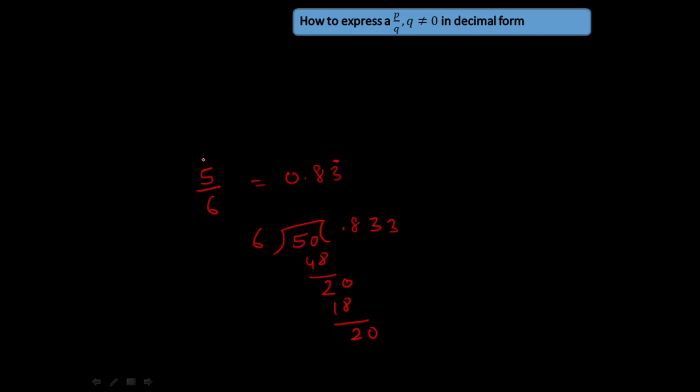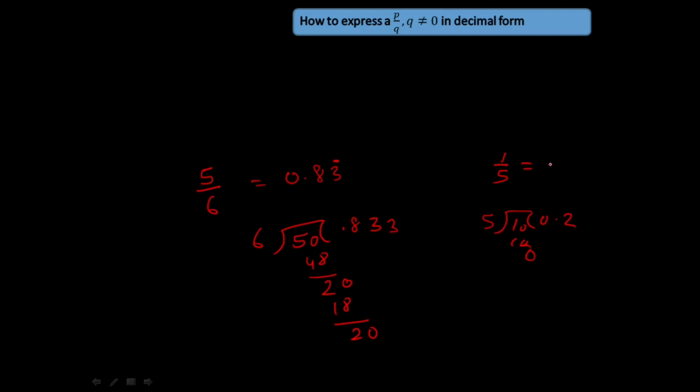So I just converted this P upon Q form into decimal form. For example, we have 1 over 5. So divide 1 by 5. This will go by 2. That's it.